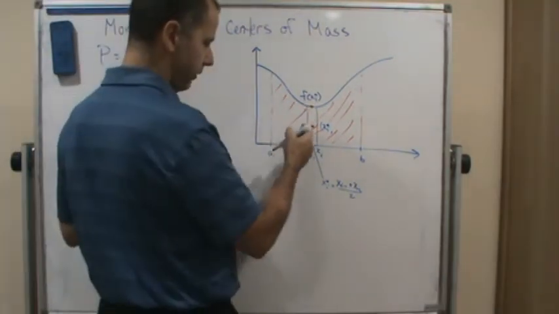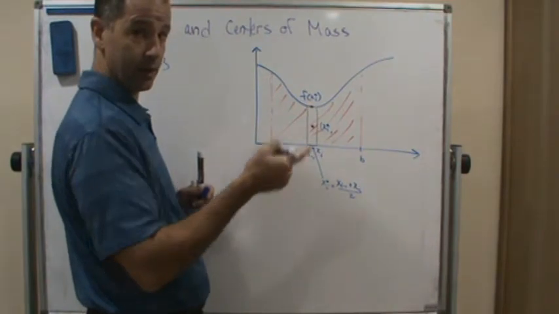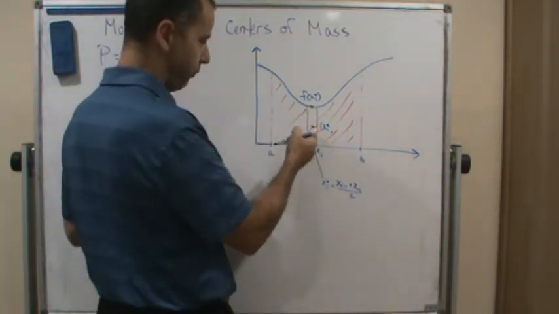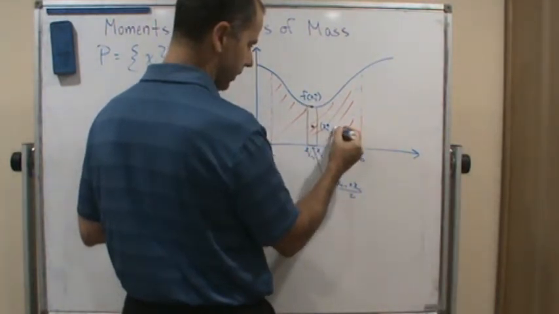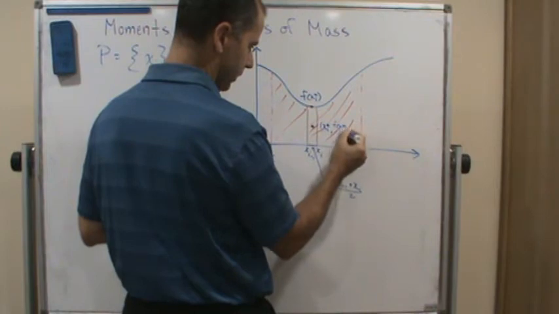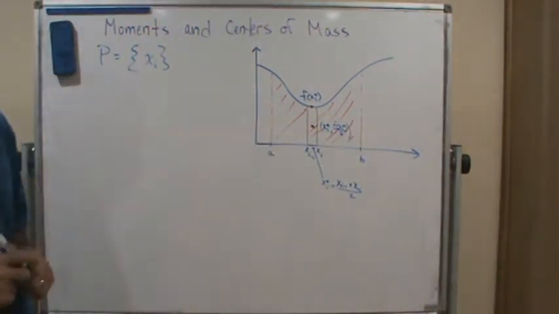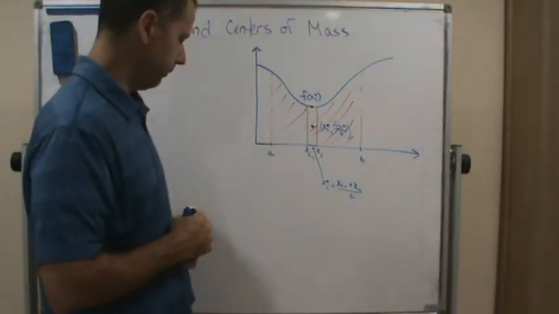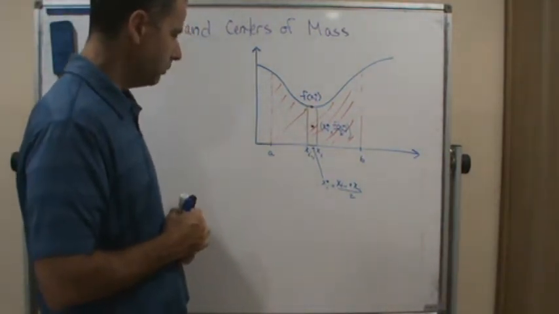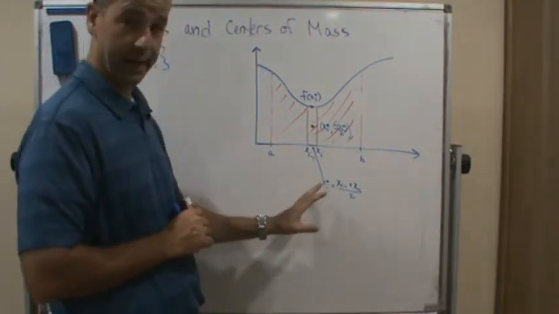And then the midpoint of the height, well, that's going to be f of x sub i star divided by 2. It's the halfway point of the height. So that's going to be important. So this is our setup.